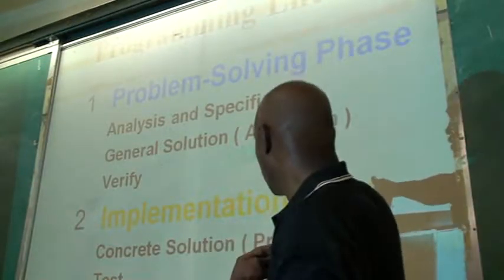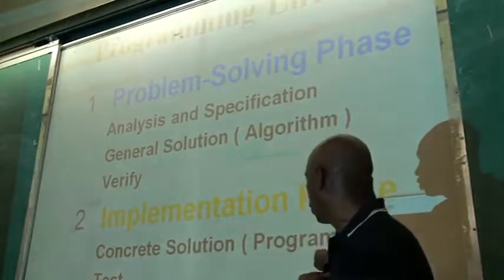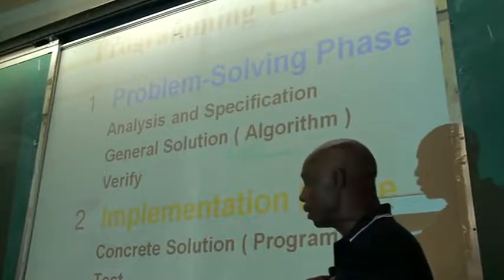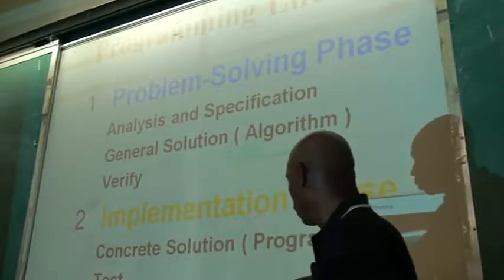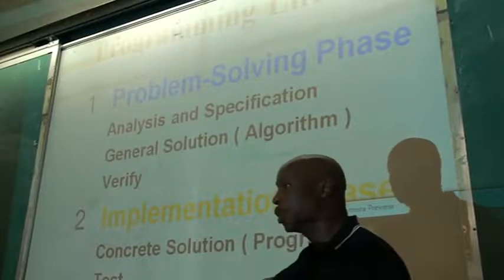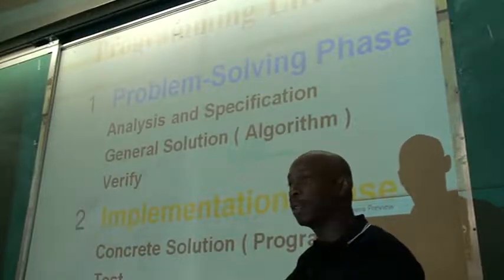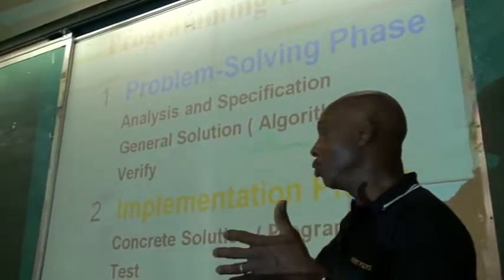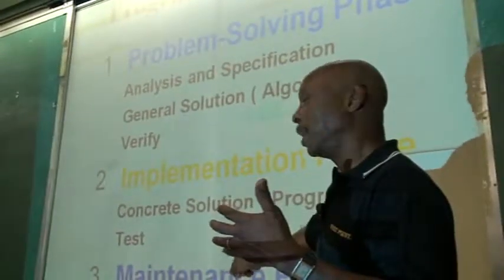Then we have an implementation phase where we develop our concrete solution. That's where programs are developed. We test those programs, we put them into the maintenance phase, and we begin to use them, and the bug fixing, or at least the changes that can be made during the execution or maintenance cycle take place here.